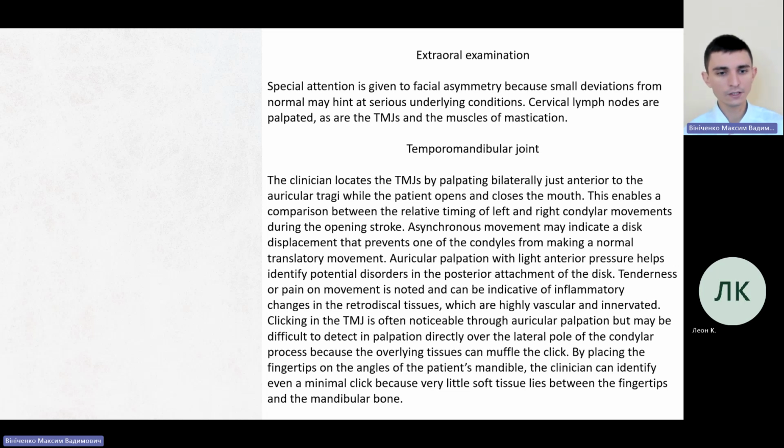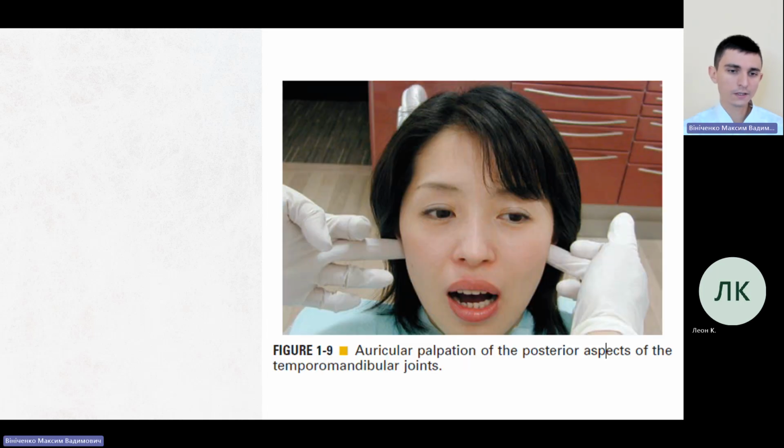By placing the fingertips on the angles of the patient's mandible, the clinician can identify even a minimal click because very little soft tissue lies between the fingertips and the mandibular bone. Here you could see the auricular palpation of the posterior aspects of the temporomandibular joints.